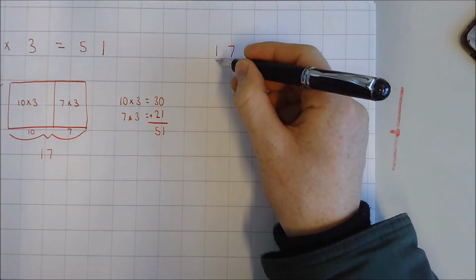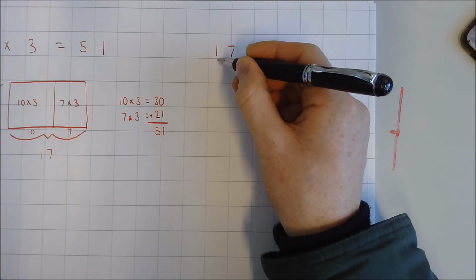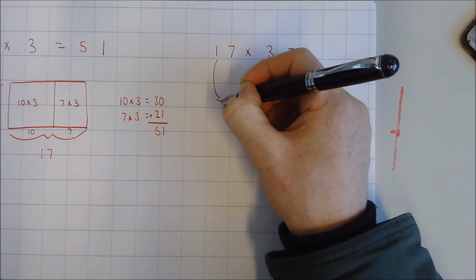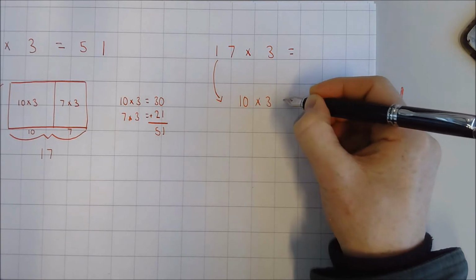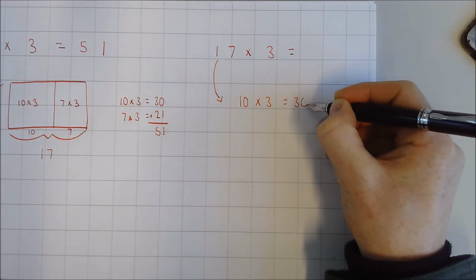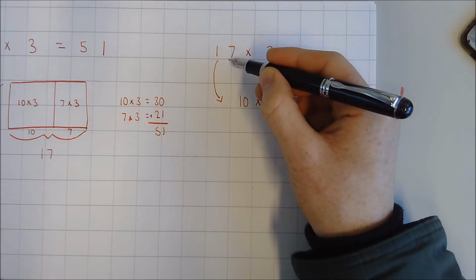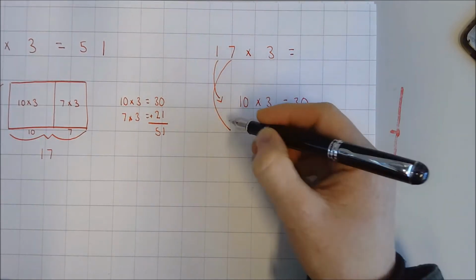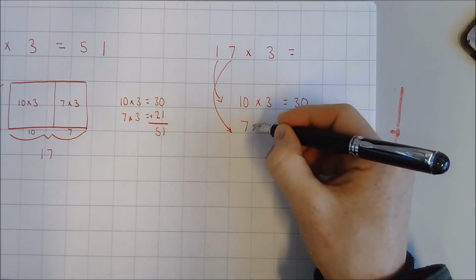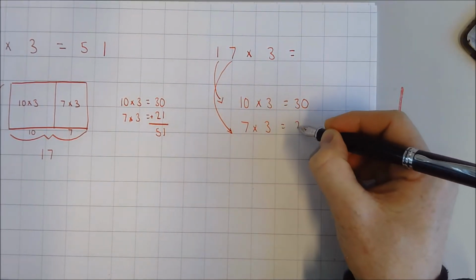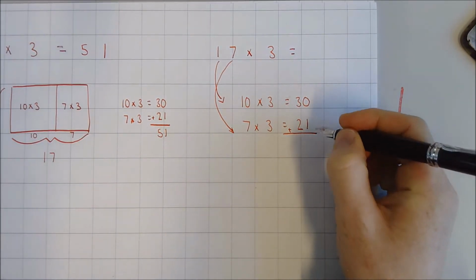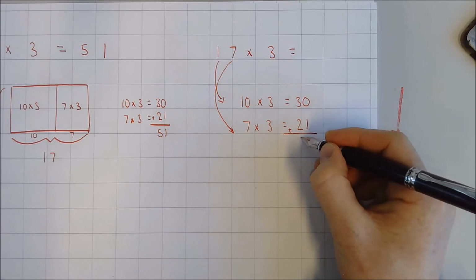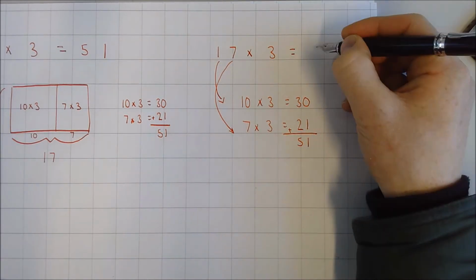So we're going to partition it into 10 times 3, which we already know is 30. That's our first partial product. And then the 7 gives us 7 times 3, which we already know is 21, which is our second partial product. And then we need to recombine our partial products to find our product. So 30 and 21 is 51.